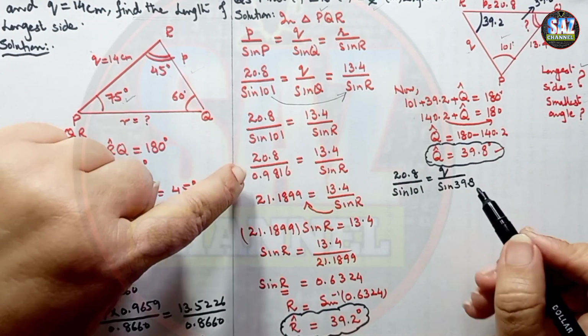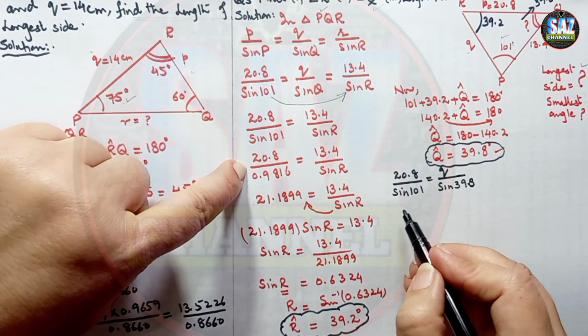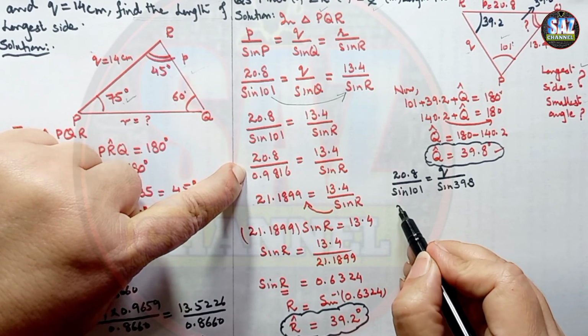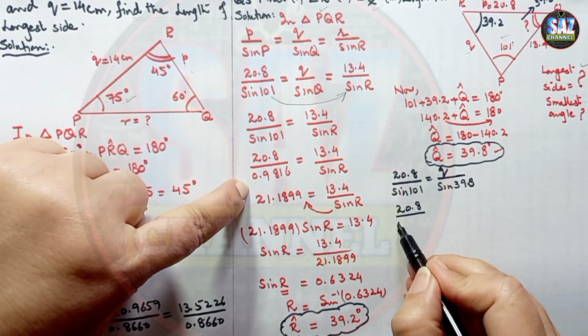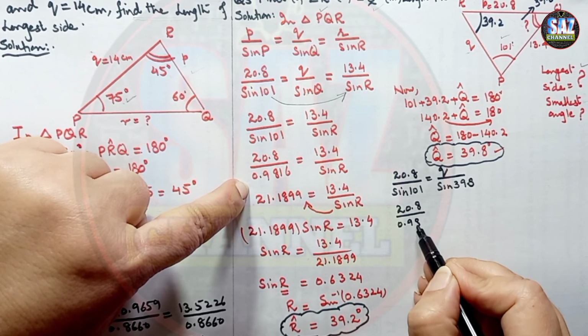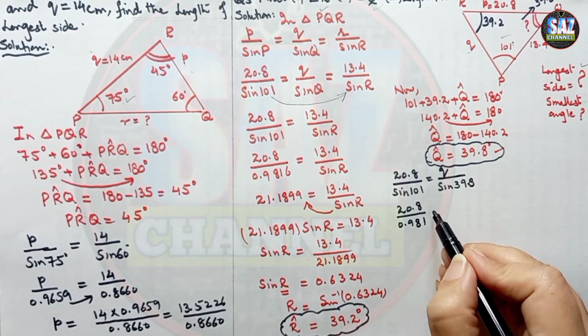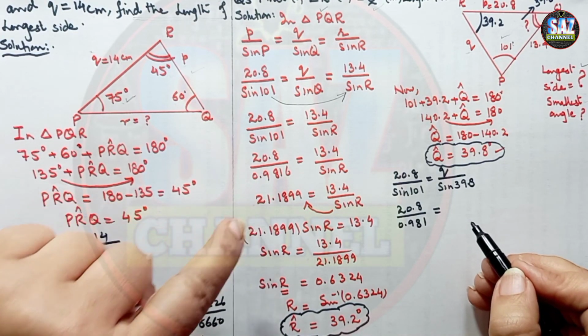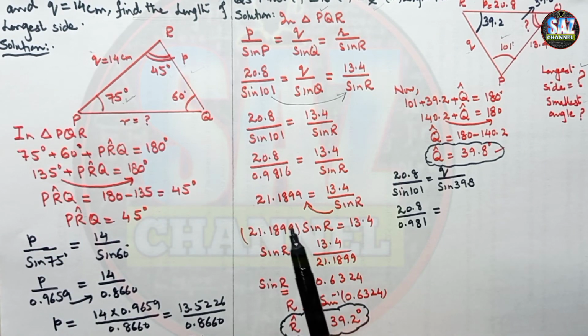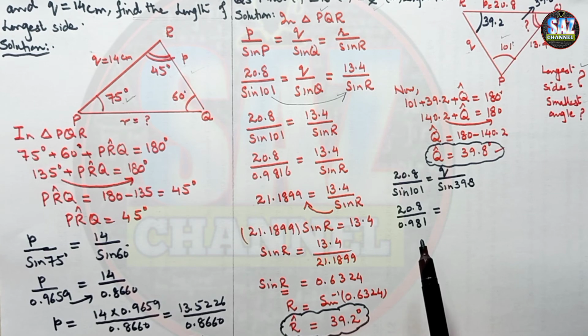We have done the calculation of sine 101 already: 20.8 upon 0.9816. Please be careful, especially for those calculations that we are going to apply in the next part as they are, because an error in this part can cause a mistake over here as well.